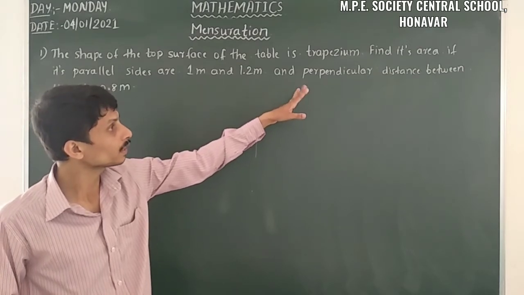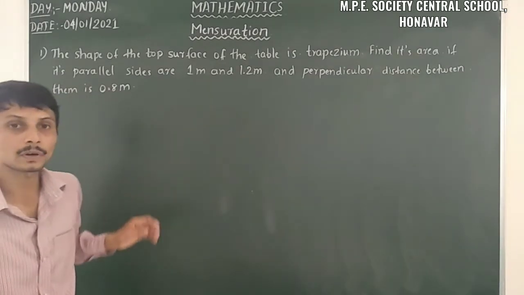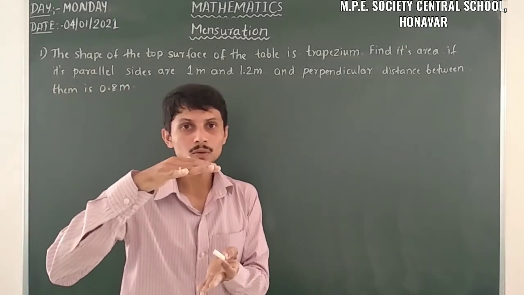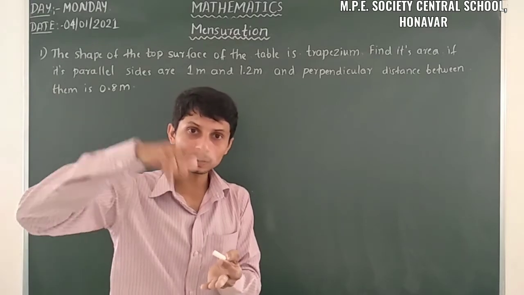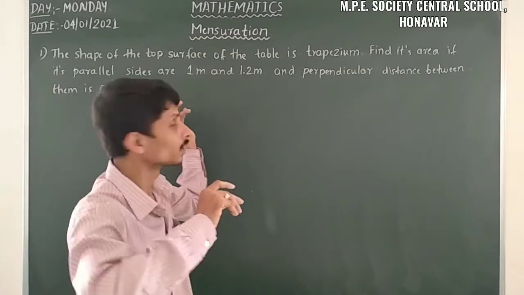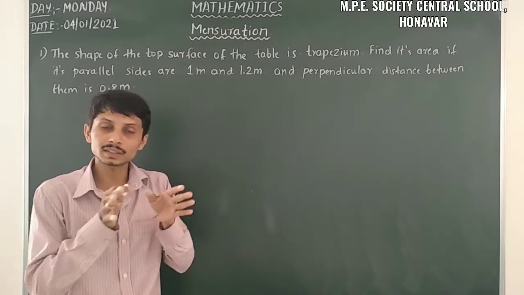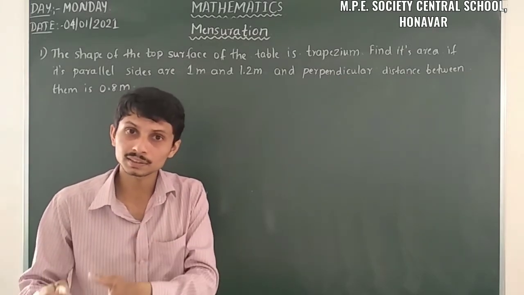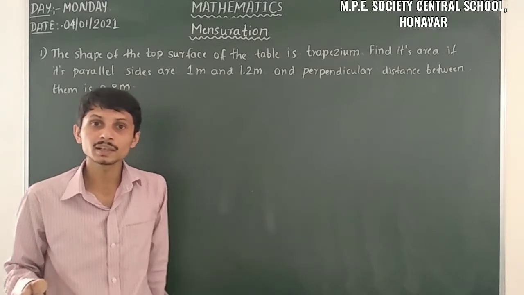And the perpendicular distance between them is 0.8 meter. That means we have two parallel sides here, one is 1 meter and another is 1.2 meter. The perpendicular distance between them is 0.8, so that's the value of h. Since it is mentioned as the perpendicular distance, it is h only, that is the height of the trapezium.